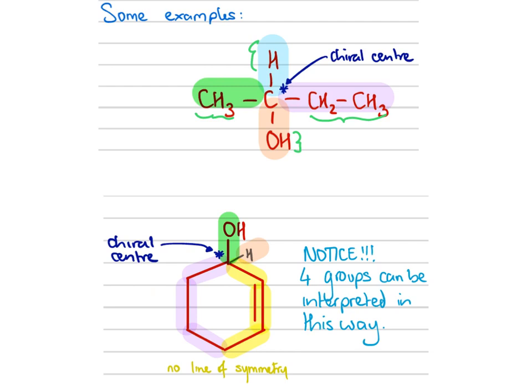Now the one below is very important because sometimes people can spot the presence of a chiral center if they have something like a cyclic ring attached, because they may initially think that they have got only 3 groups attached. So sometimes they think, oh look, I've got one there, I've got one there, and then they may view that as just a 3rd group.